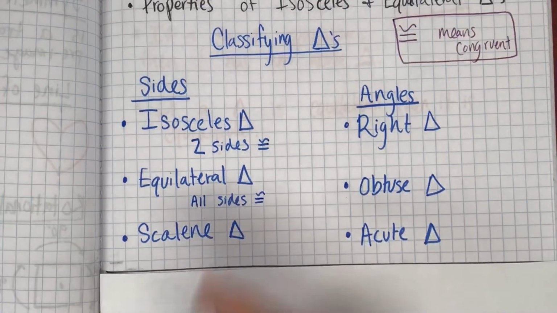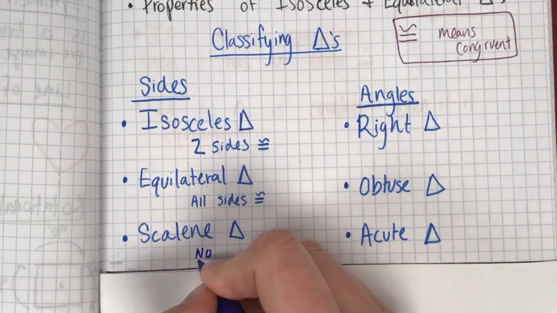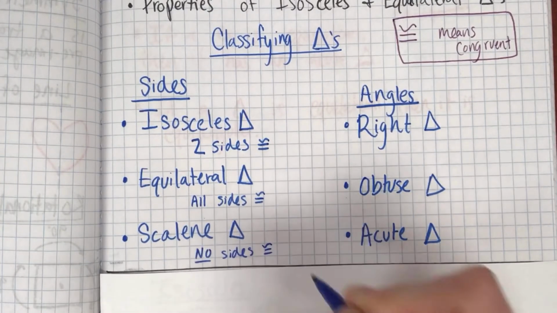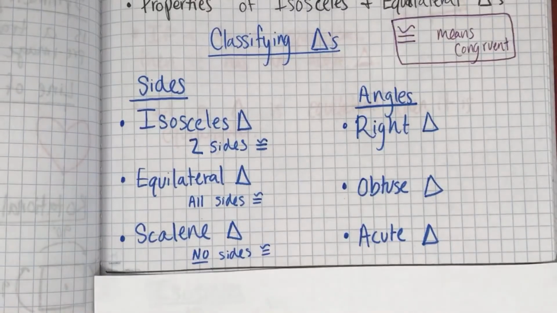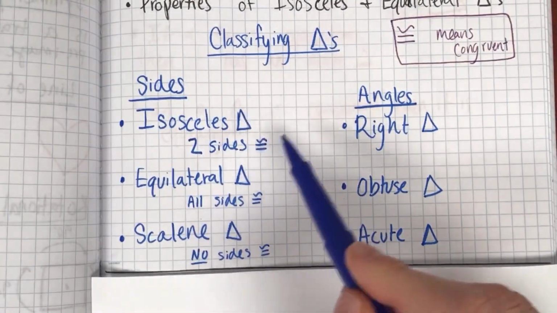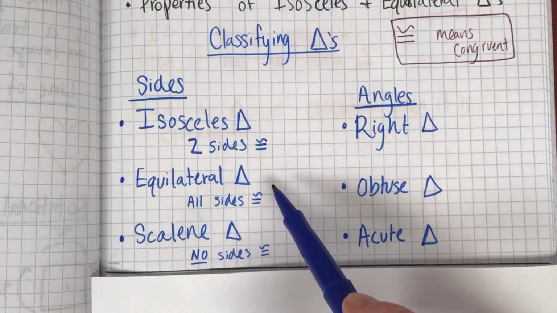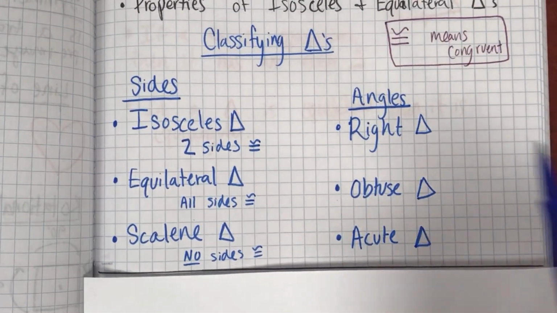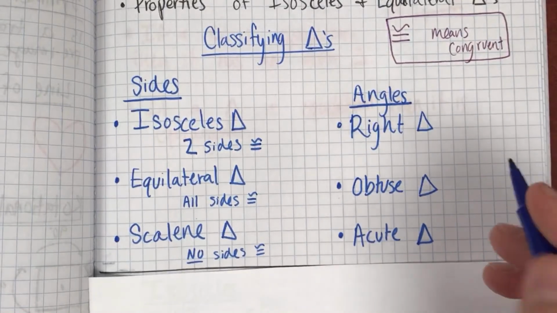And then a scalene triangle means no sides are congruent. So we can always classify triangles by their sides. Do they have two sides the same, all three sides the same, or no sides the same? We can also classify by their angle.